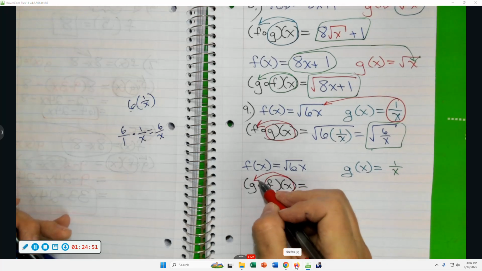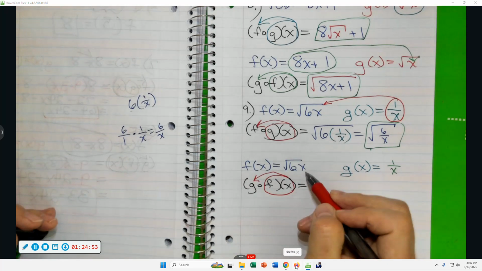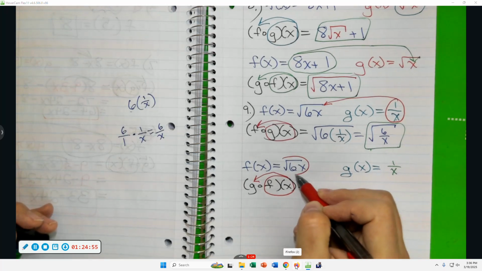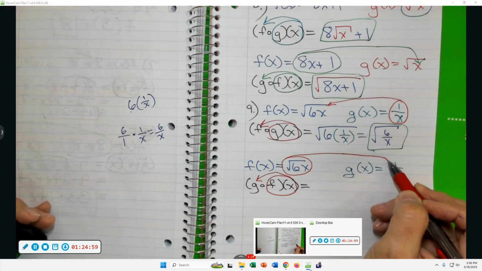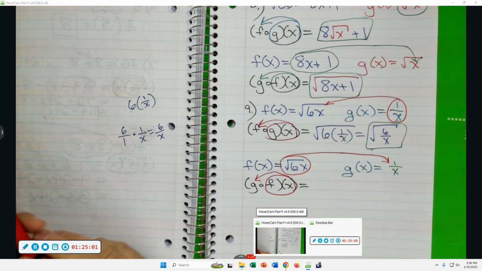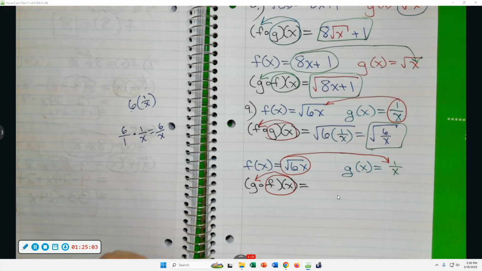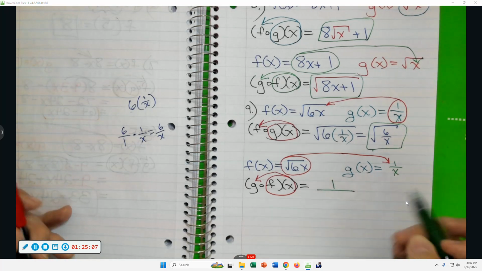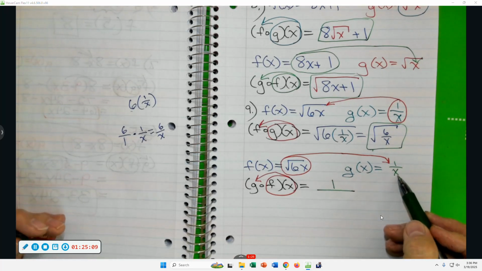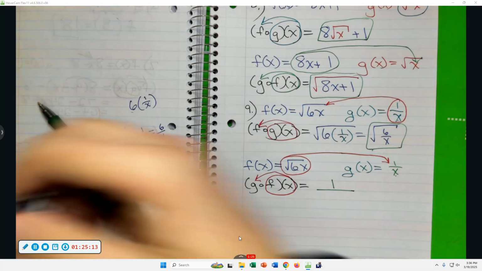G, I agree. We're going to plug f of x into g. So we have a 1 over, what are we going to replace that x with? Okay, the square root of 6x.